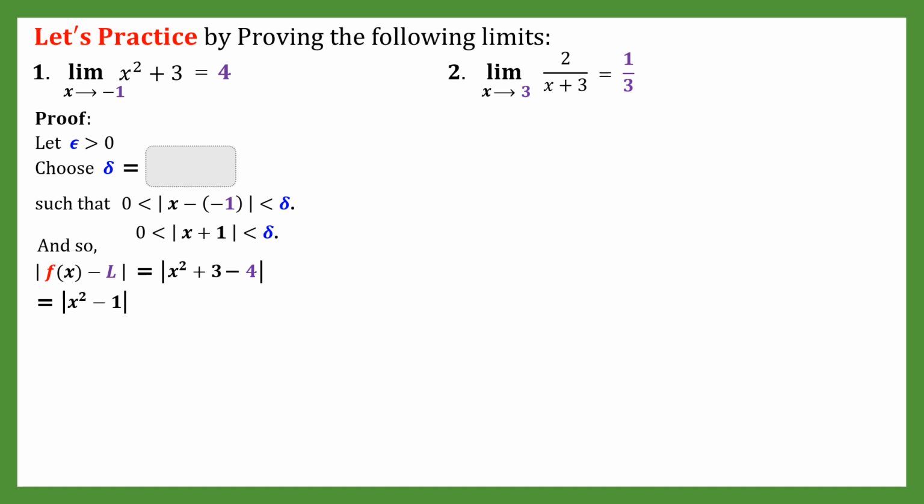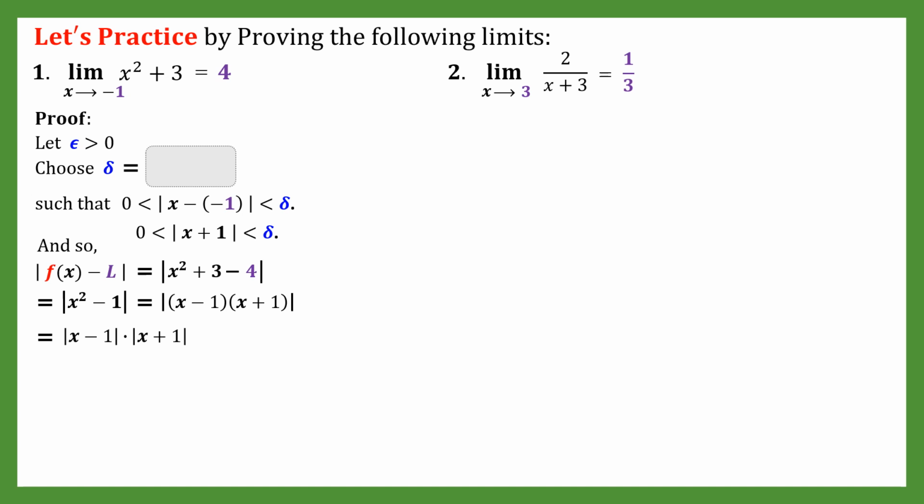Factoring this expression, this equals the absolute value of x minus 1 times x plus 1. And using a property of absolute values, this equals the absolute value of x minus 1 times the absolute value of x plus 1.